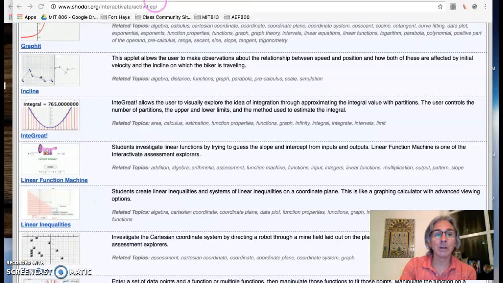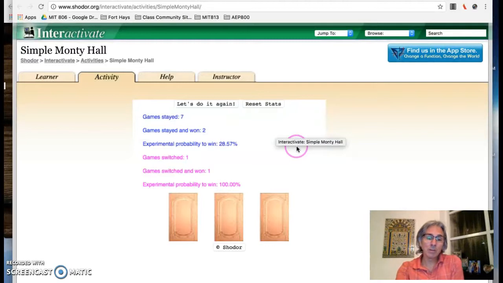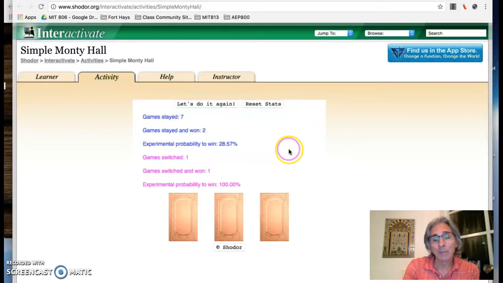The one that I want to focus in on is a very classic problem that they have. It's called the simple Monty Hall problem, with two goats, one goat behind one door, a second goat behind the second door, and a super prize. And it shows the probability of winning if you choose to stick or choose to switch.